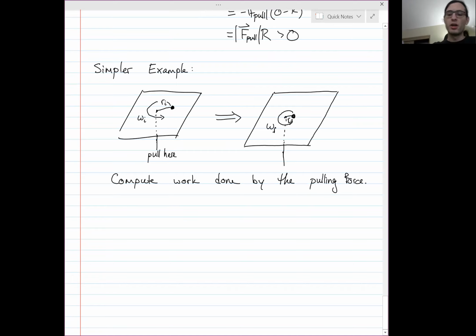When we pull down with precisely enough force to keep the object moving in a circle, there's no work done, because the force is applied but not over a distance. To have work done, that force needs to be applied over some distance, which might be this distance here, for example.